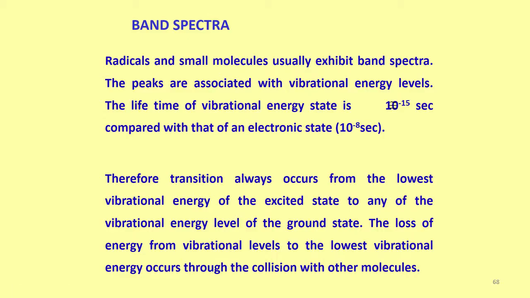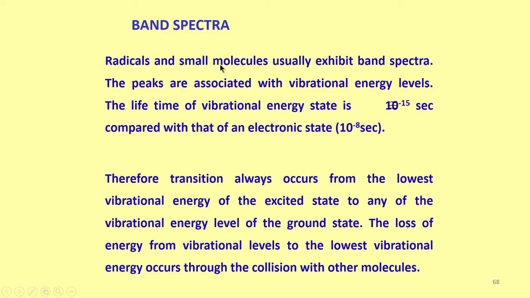Similarly, in the UV visible region we do get line spectra for gases, but there the transition is from one electronic energy level to another electronic energy level. And then we have what is known as band spectra. So, where do band spectra come from?